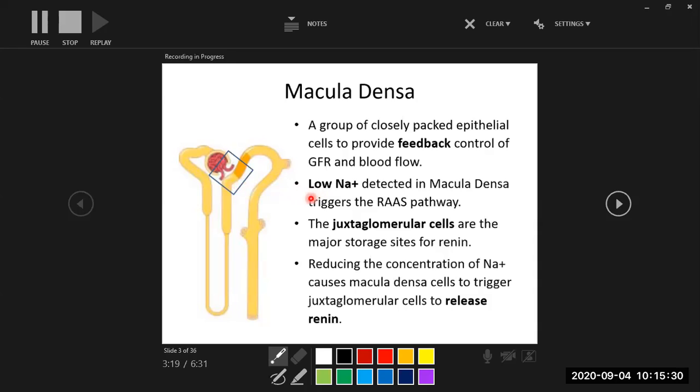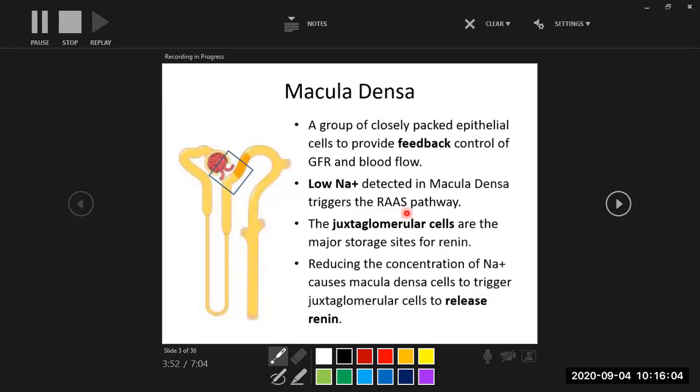If the sodium is low, then the macula densa will trigger the renin-angiotensin II aldosterone system, or RAAS. We talked about that. We will see it again. Here is just the macula densa, and the low sodium will very quickly tell these juxtaglomerular cells to release renin and trigger the RAAS.